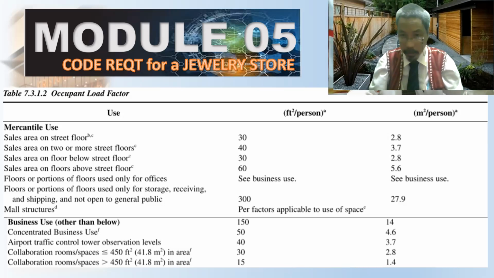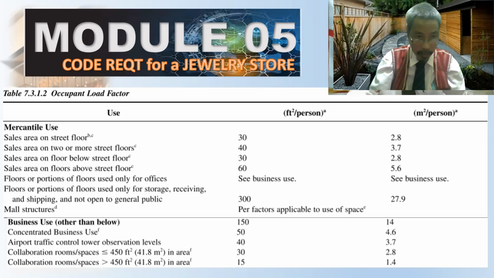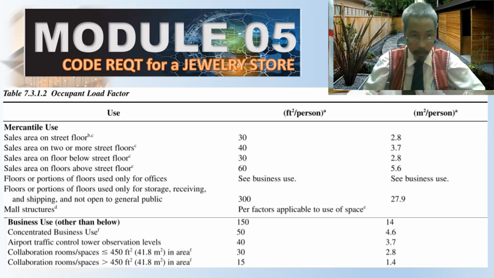So let's use square meters for floor area. Sales area on street floor? That's not the case because we are on the 12th floor. Sales area on 2 or more street floors. That is not the case.